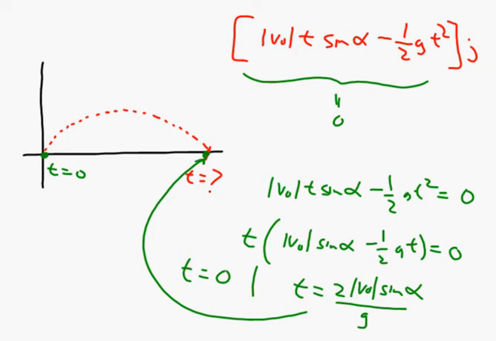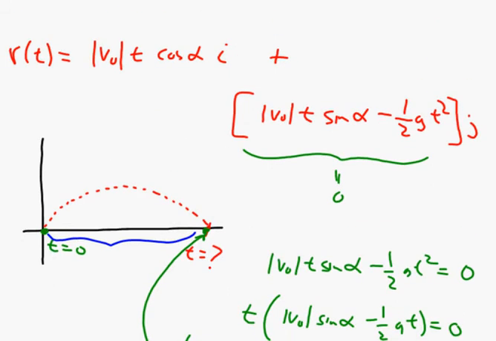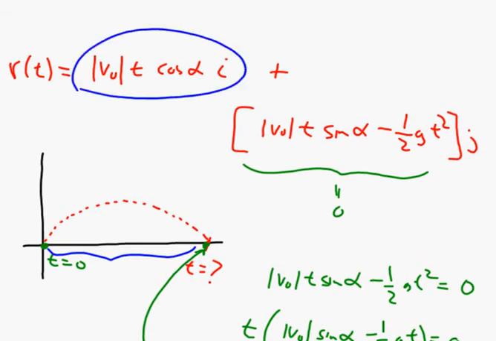Our goal here was to figure out what angle would give me the maximum horizontal distance traversed. But I have an expression for the horizontal distance I've traversed. It's right here. It's this thing, because that's the distance in the x direction, because it's multiplied by the vector i. So what I can do is take that time I just found and plug it in here.